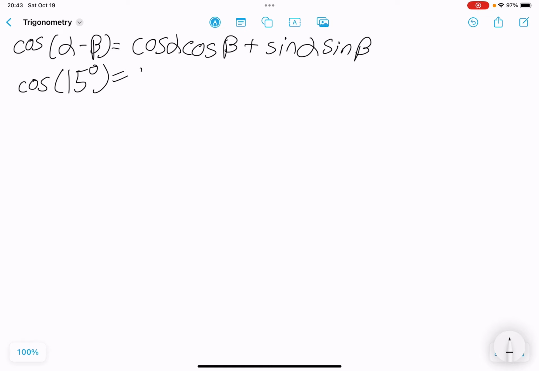So cosine 15 degrees is cosine of 60 degrees minus 45 degrees, right? So we plug the values in.